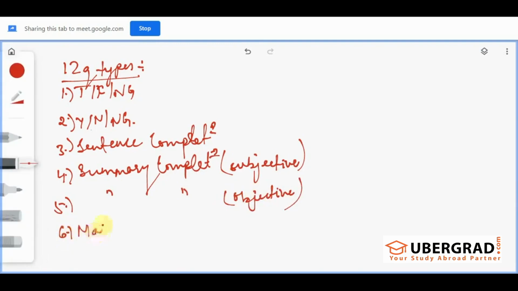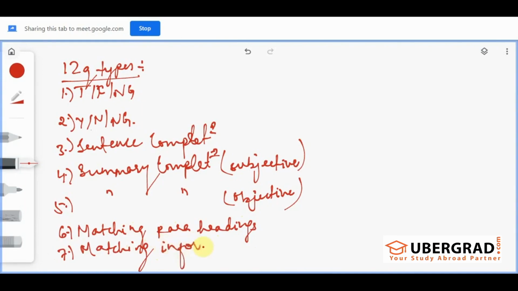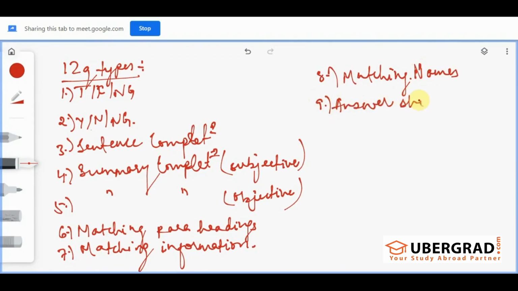Then we'll see matching paragraph headings. Matching information. Matching names. Answer short questions.